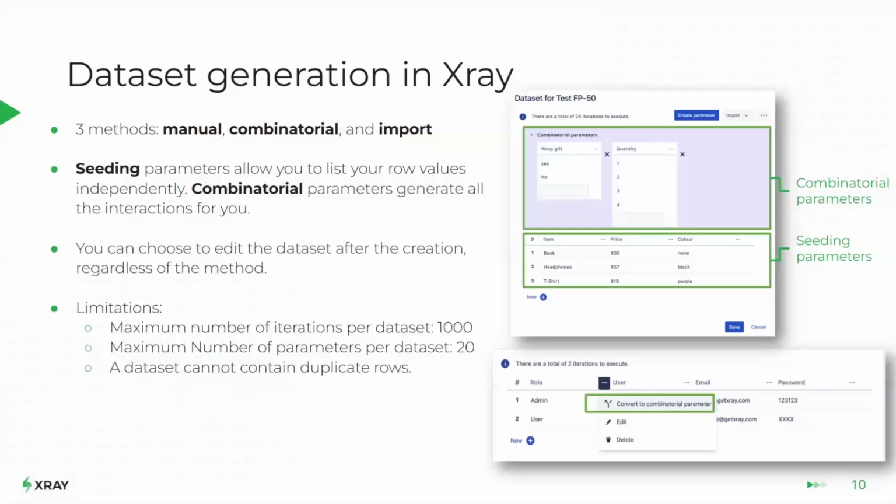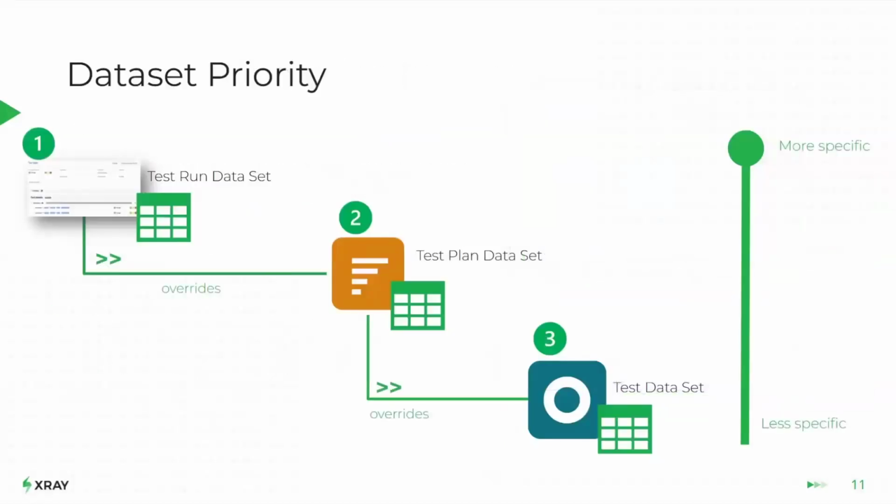Regardless of the creation method, you can apply adjustments like changing cell values, adding or removing rows, etc. at any point. And last but not least, you need to keep these capacity limitations in mind. One more important aspect before jumping into the demo: the Xray hierarchy of processing datasets.